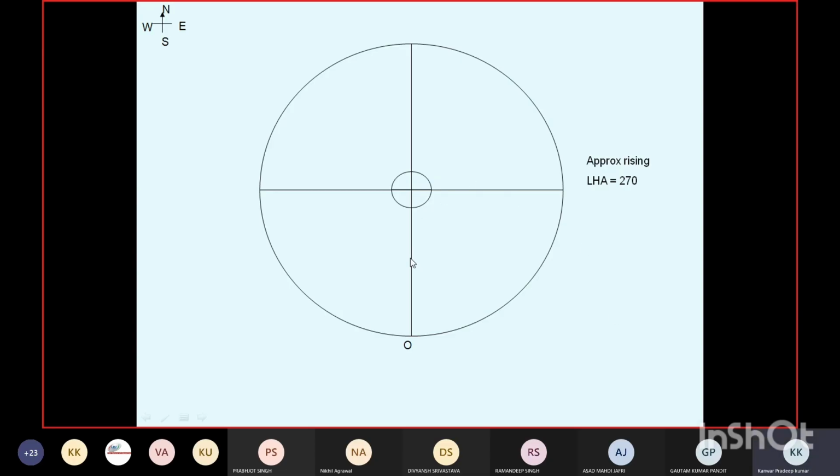This is your observer's meridian and you are going westwards up to here. So when the body is rising and the bearing is east, the LHA is around 270.